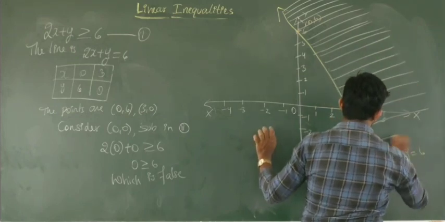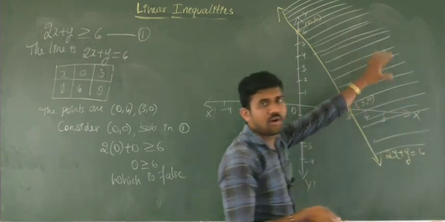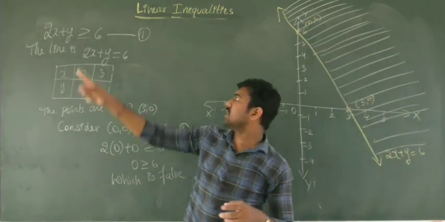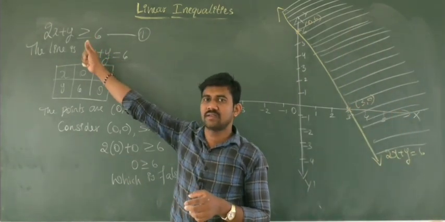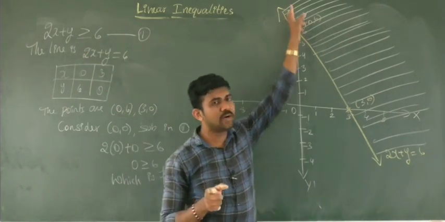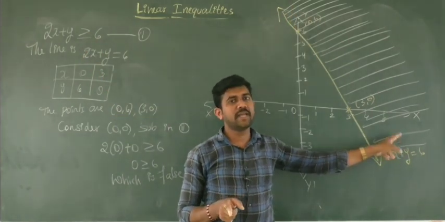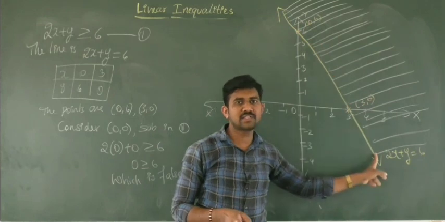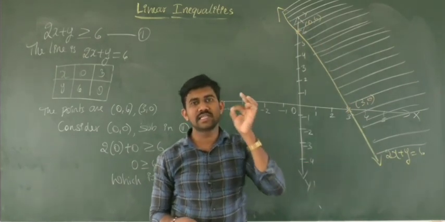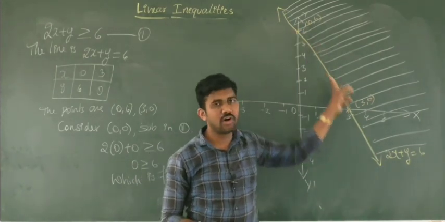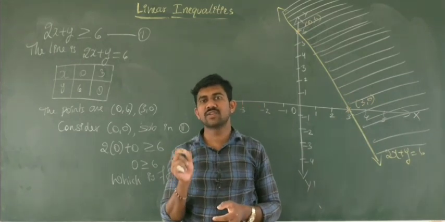Means if you substitute any point in this solution region, clearly this inequality is satisfied. Okay, if you consider any point of this half plane, or any point of this line, because this is a thick line, all the points on this line are also included in the solution region.